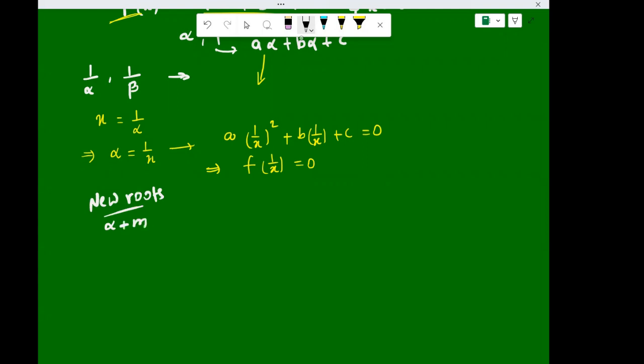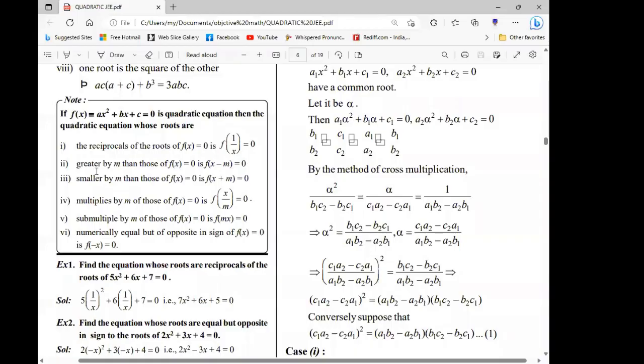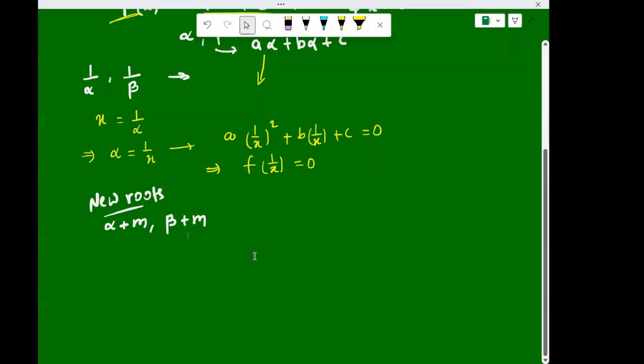Alpha plus m, comma beta plus m. Why? Because the statement says the new roots are greater by m of the roots of f of x equal to 0. So that's why the new roots become alpha plus m and beta plus m.